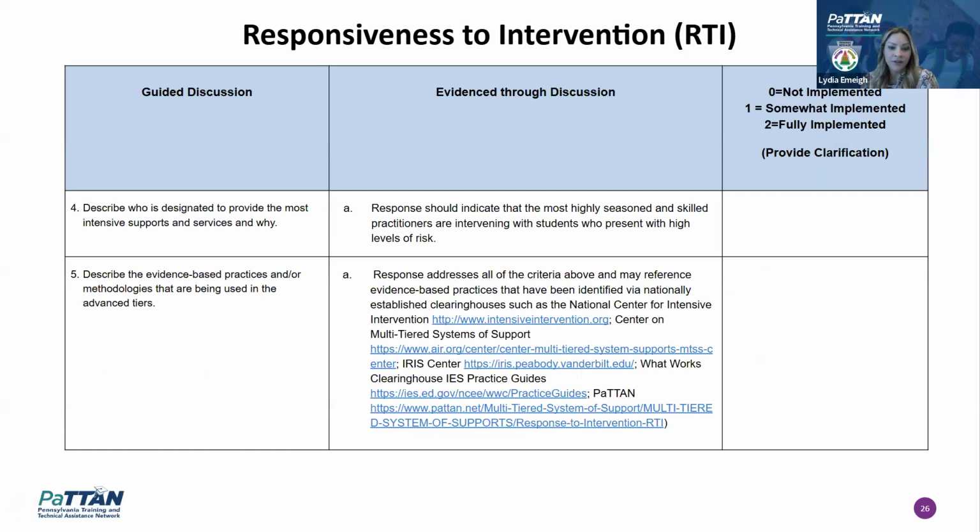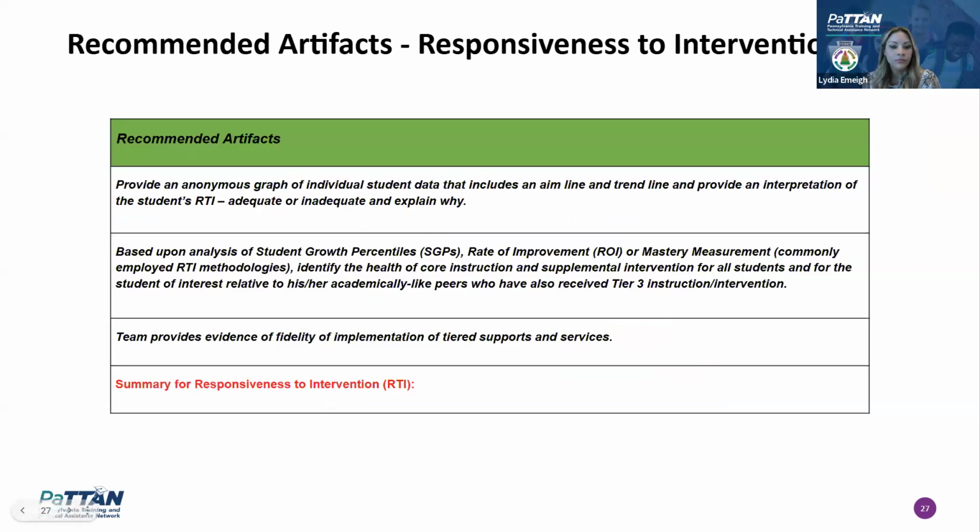When reviewing these factors under the responsiveness to intervention component, the LEA team should address all the above criteria and make reference to evidence-based practices identified through nationally recognized clearinghouses, such as the National Center for Intervention, the Center on MTSS, the IRIS Center, and What Works Clearinghouse.